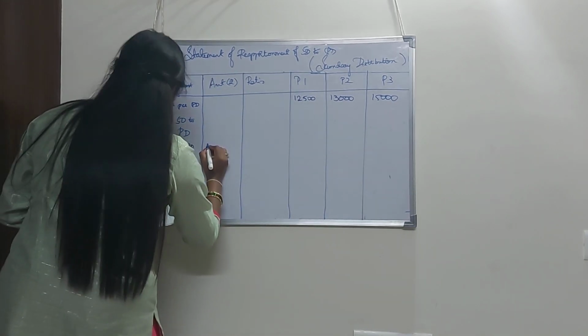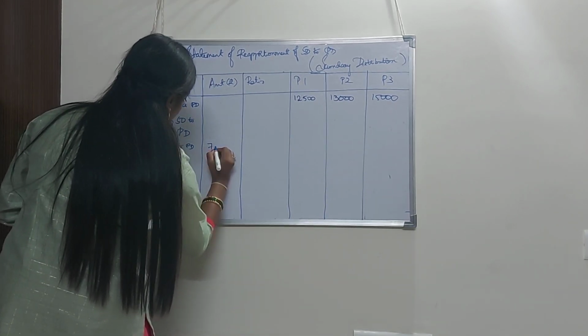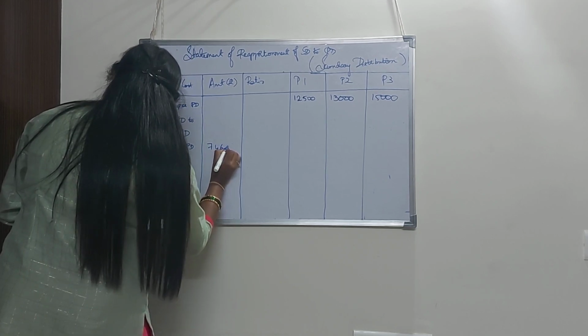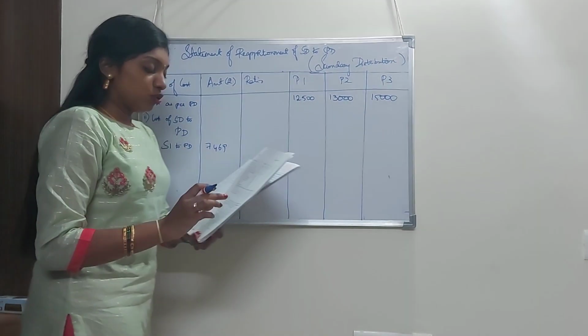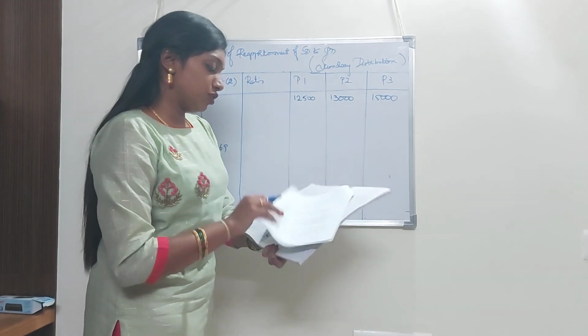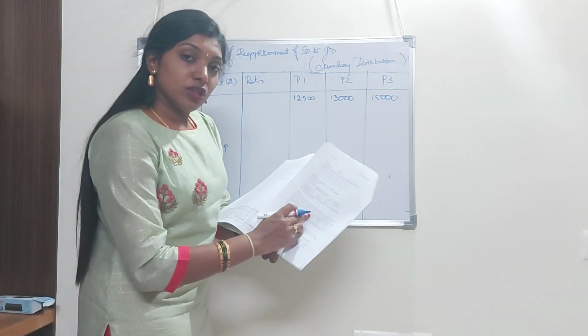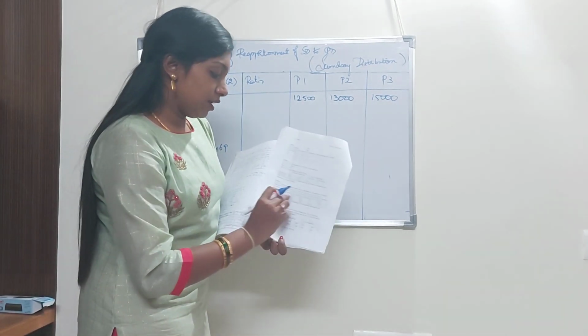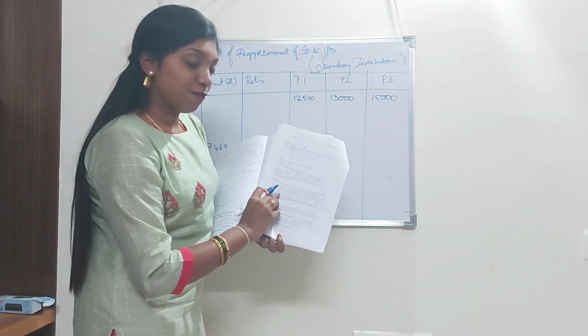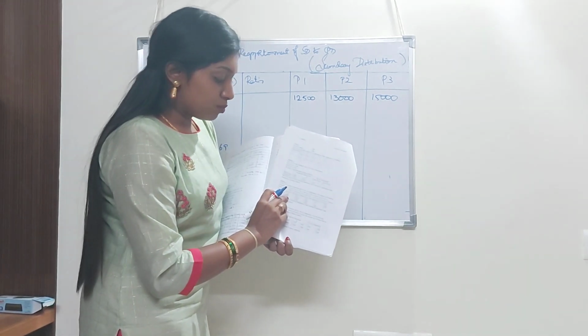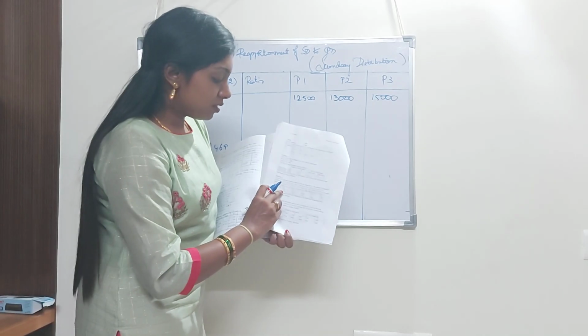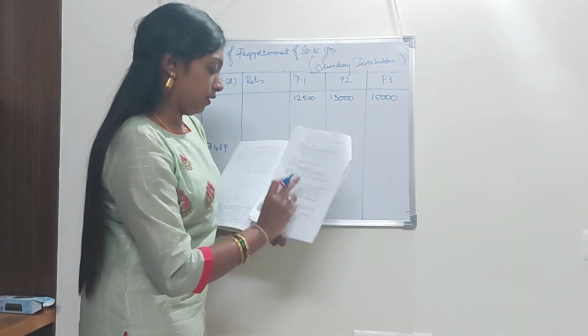So now we have found out S1 value, that is 7469. And to look up the ratios, we have to look into this table. So this table is going to provide us the ratio. So what are the ratios that we have seen in the columns P1, P2 and P3? It is 30%, 40% and 20%.